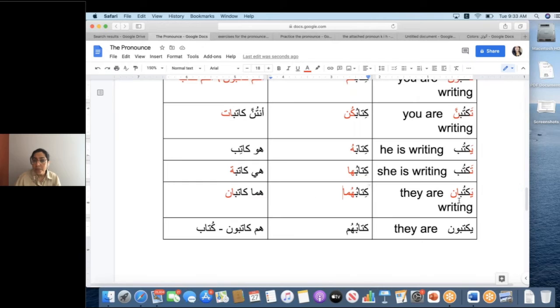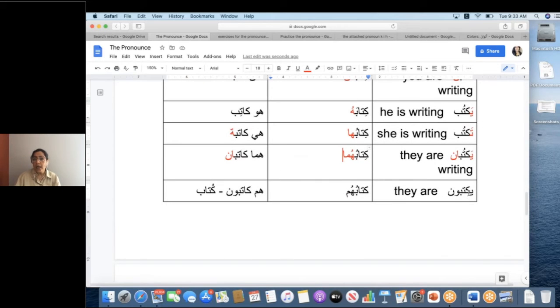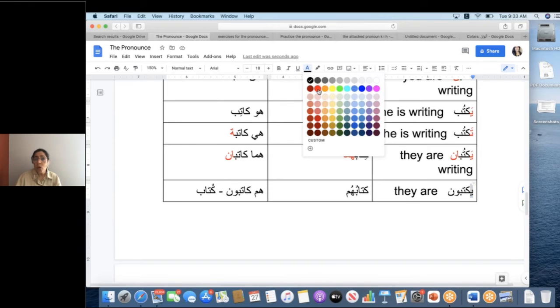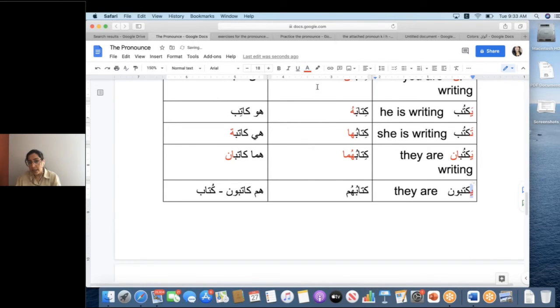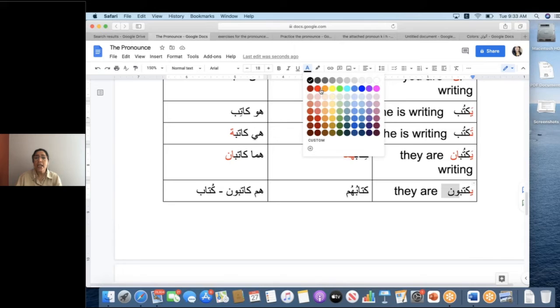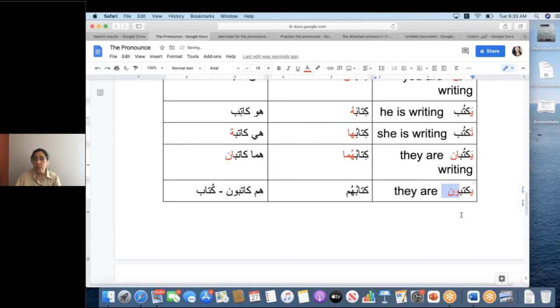كاتبان, يكتبان for the verb, كاتبان for the noun. Okay, and here you are with the plural يكتبون. Let's imagine all of you, even Kelsey, right now you are writing notes, and I will say طلابي يكتبون, my students are writing.